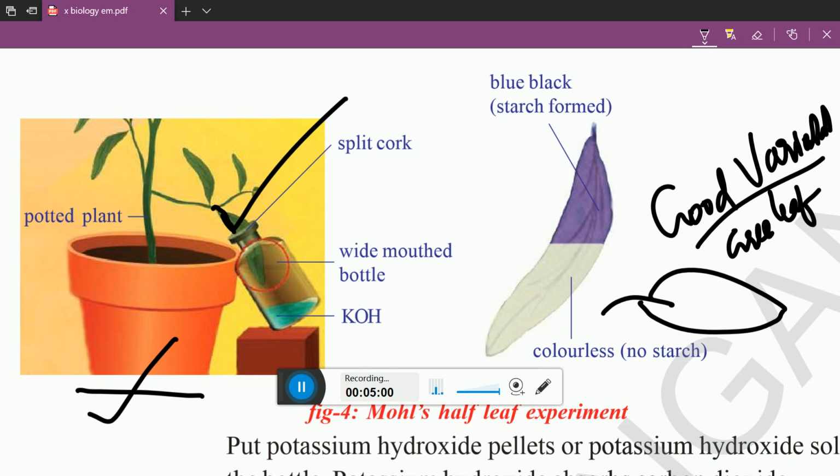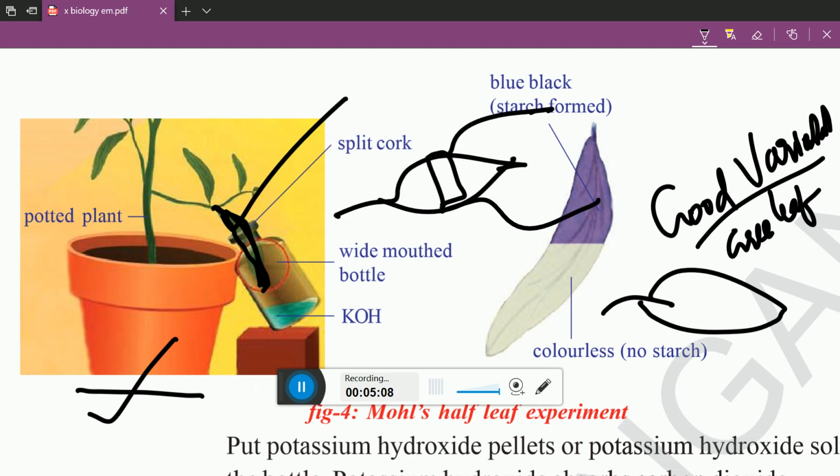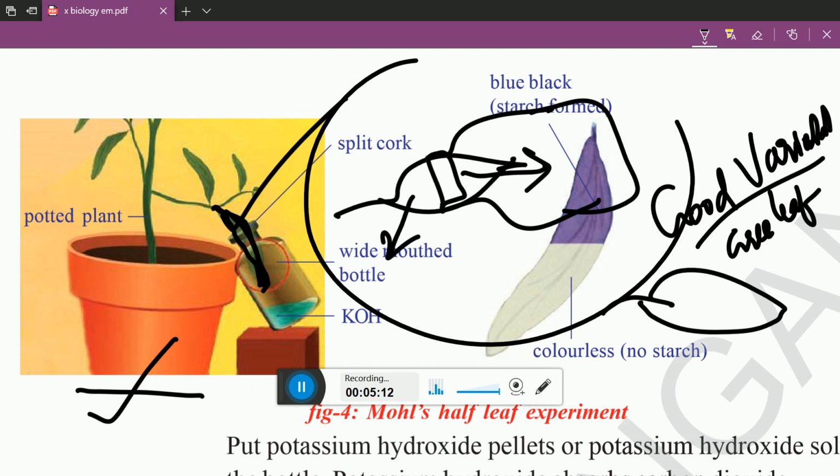This leaf is inserted in the wide mouthed transparent bottle in such a manner that half will be inside the bottle and half will be outside the bottle. That is the condition: half of the leaf inside the bottle and half outside.